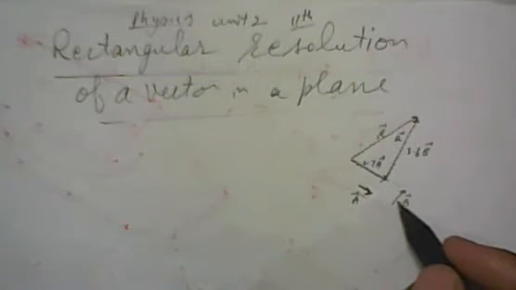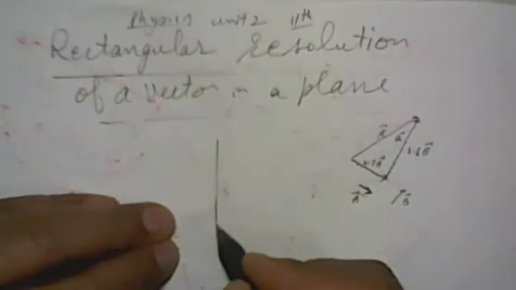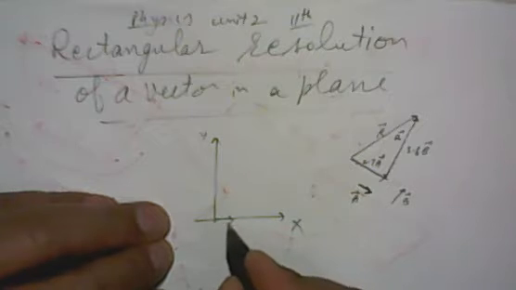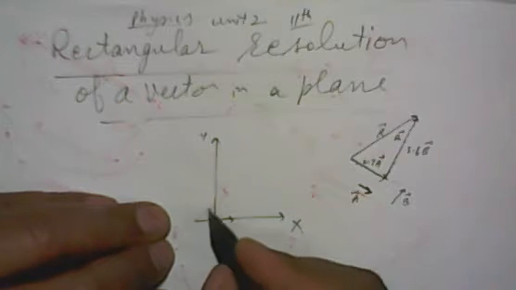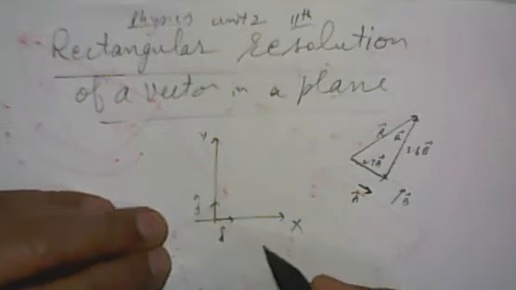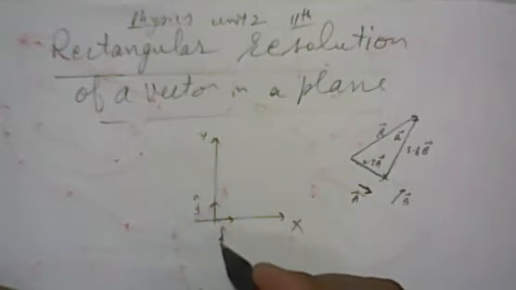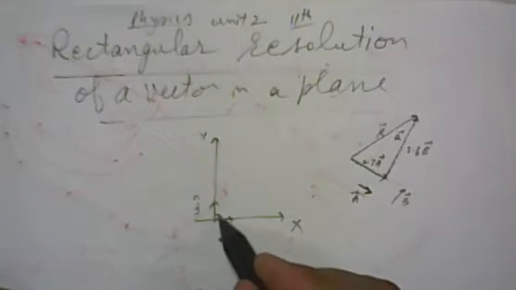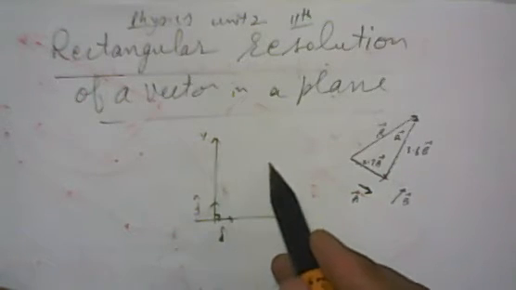But if the directions are fixed, say the x direction and the y direction of the coordinate plane, we have a unit vector I in the direction of x, and the direction of y is given by the j vector. They are at a 90-degree angle, so when you complete the parallelogram you actually get a rectangle.